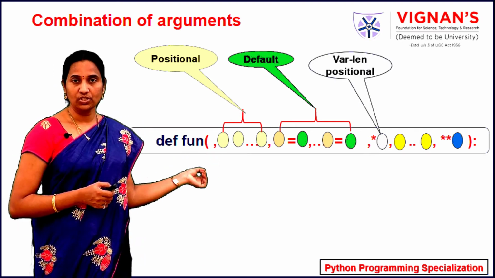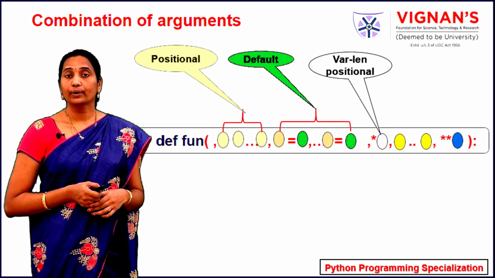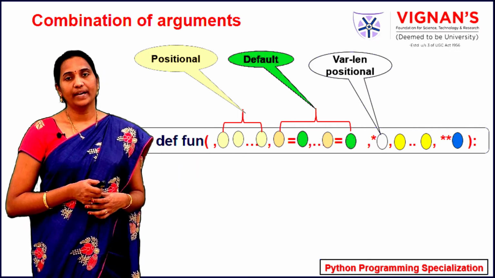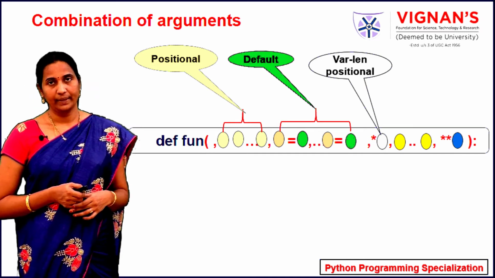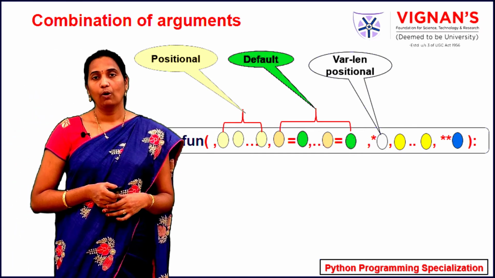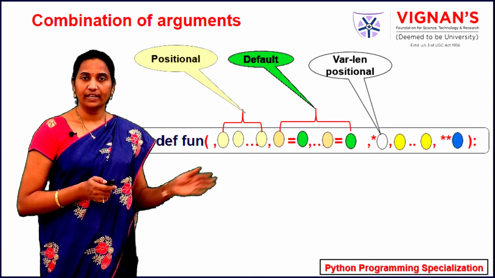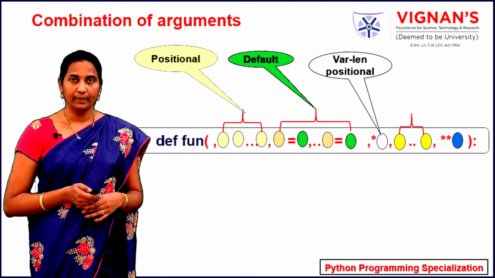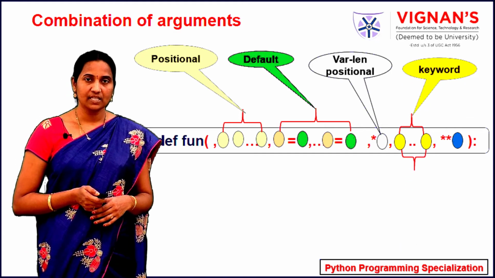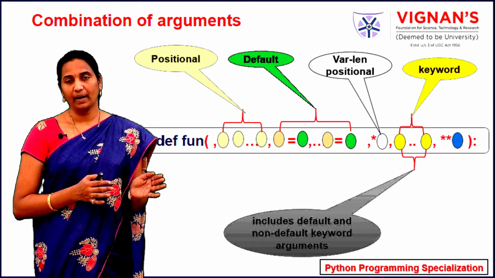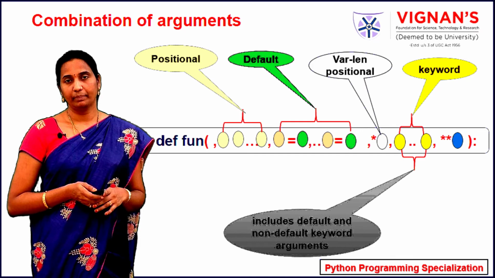After having the positional and the default parameters, you can have one and only one variable length positional parameter. So you cannot have more than one variable length positional parameter, and after that we can have the keyword parameters, and these keyword parameters can include both the default parameters and the non-default keyword parameters.